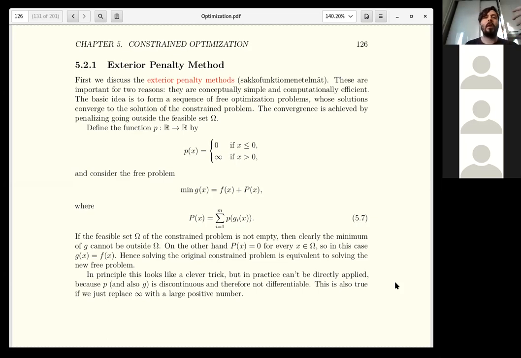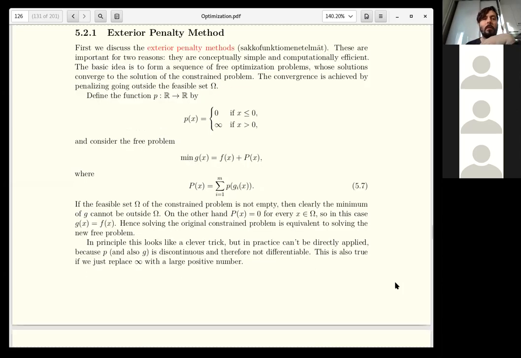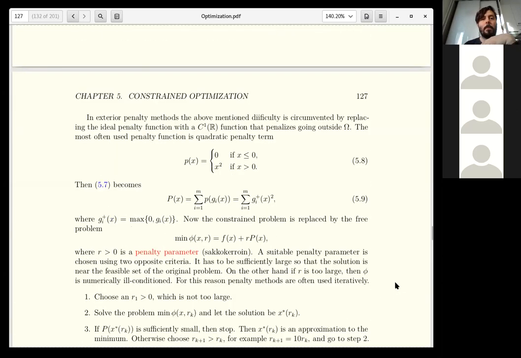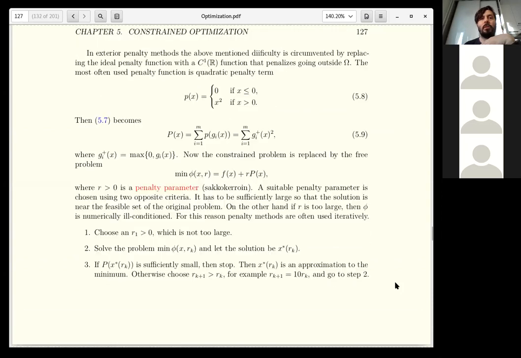So there are two ways in which we can use this method basically to help us transform the constraint problem into an unconstrained problem, or the free problem. One way is to use a different kind of exterior penalty called the quadratic penalty.